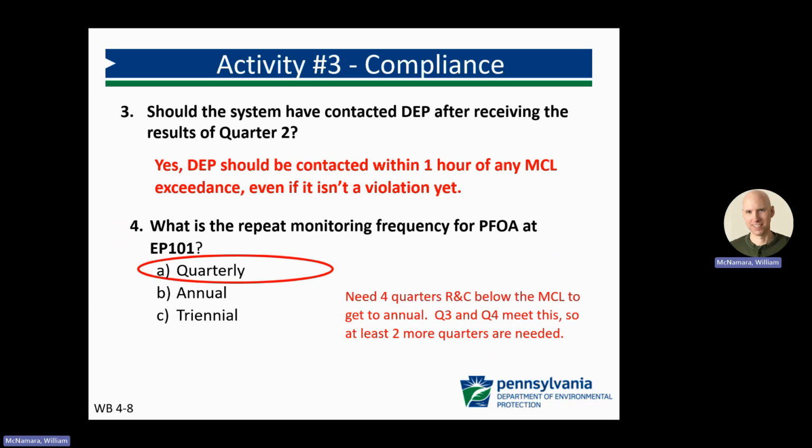So quarters 3 and 4 are reliably and consistently below the MCL. Remember, you would need 4 quarters reliably and consistently below the MCL to get to annual. And that's all defined in that second lesson there if you need a review of that. So they're going to at least need 2 more quarters and staying on quarterly to do that.